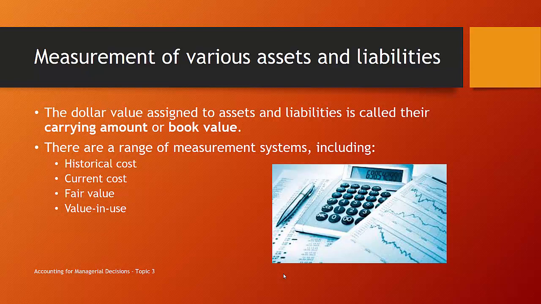But using more up-to-date figures also causes problems, and they're difficult to come by, and they may not be objective. Value in use, which we'll see, is a really complicated number as well to actually work out in practice. So there's a whole range of different systems in play. And so the number that we end up with as a total asset figure or a total liability figure is arguably a bit of a mishmash.